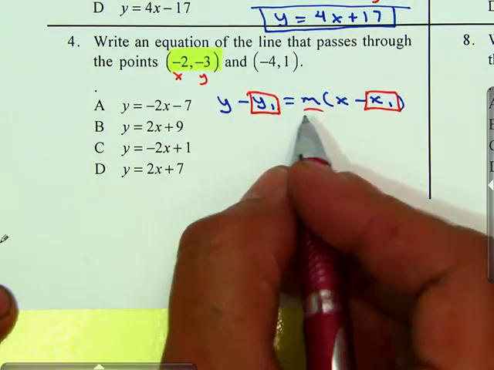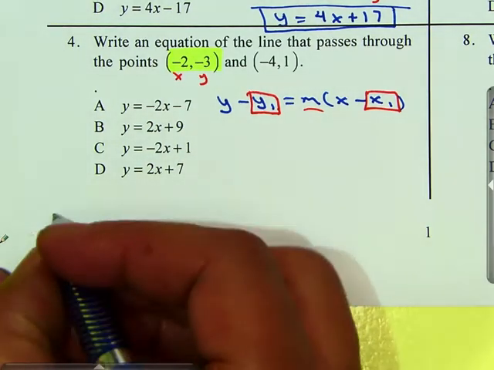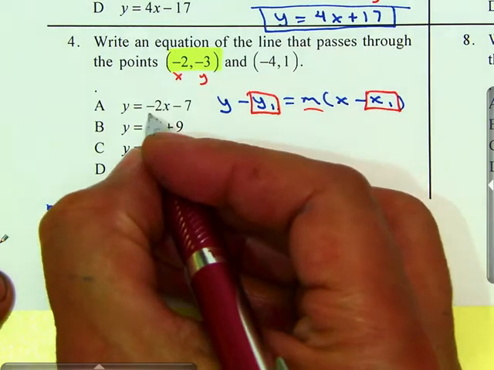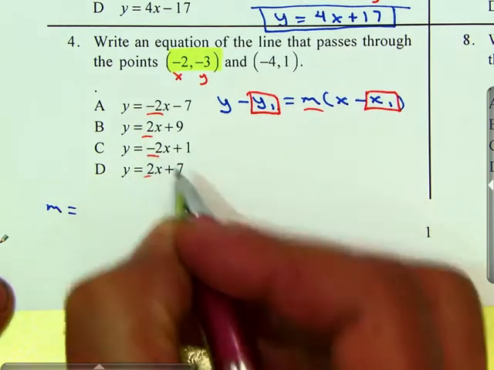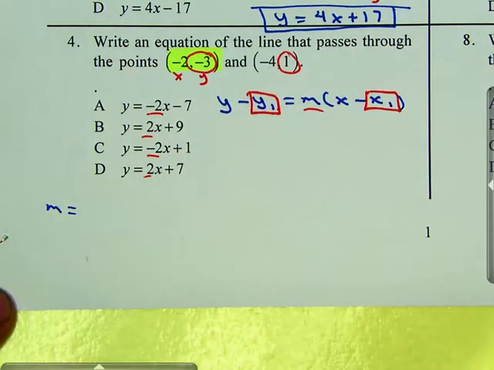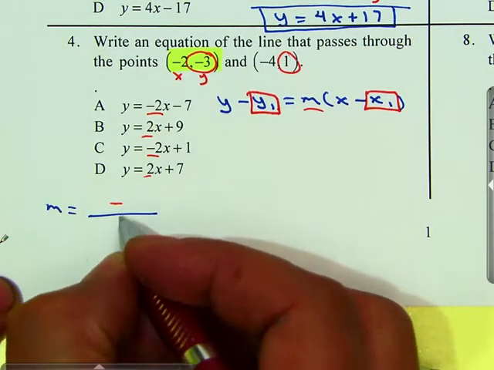I do have a problem that I don't have a slope, so therefore I need to find the slope first. If you notice, according to your answers, your slope is either negative 2 or positive 2. But let's go and circle the y values, because that's going to help us do it accurately. Minus in between.